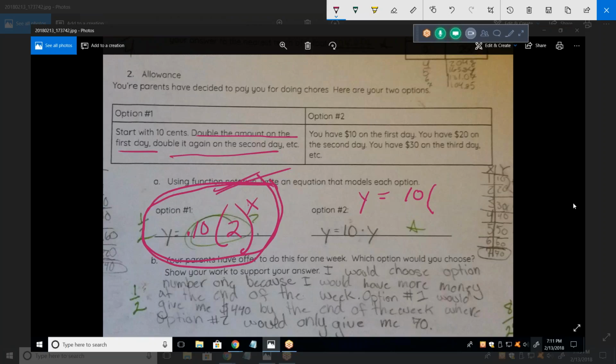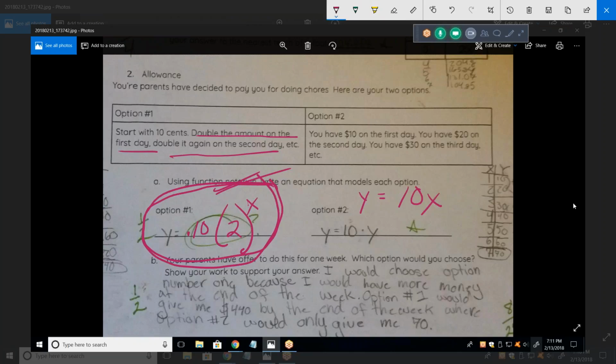You're just adding 10, right? So what we really have is 10 plus 10 times x, where x is, you know what? You don't even have 10. You just have this. You have 10x.